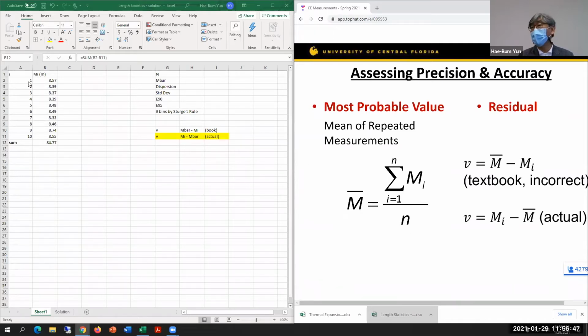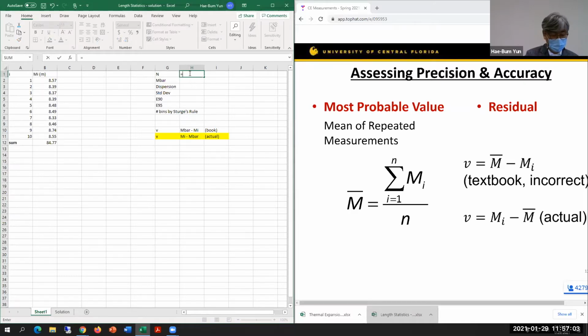It is obvious that we have 10, so you can type 10, but if you want to make it more flexible or functional, you can put the equation count, so that it will count the number of observations. So then it will be 10, right?